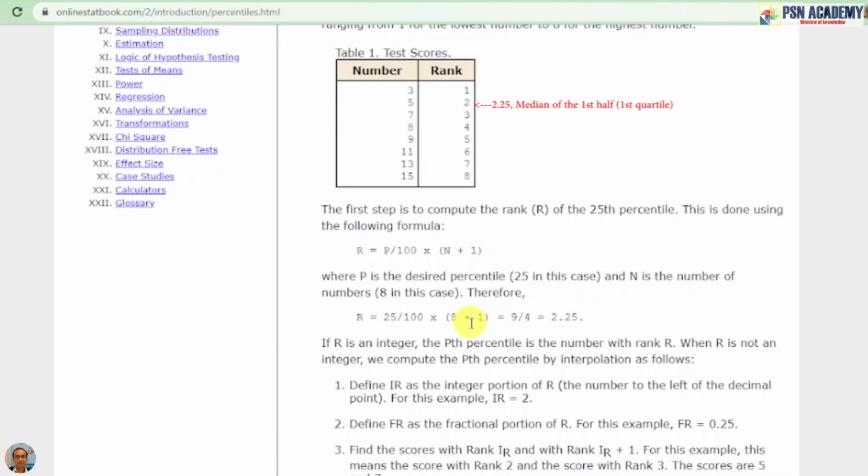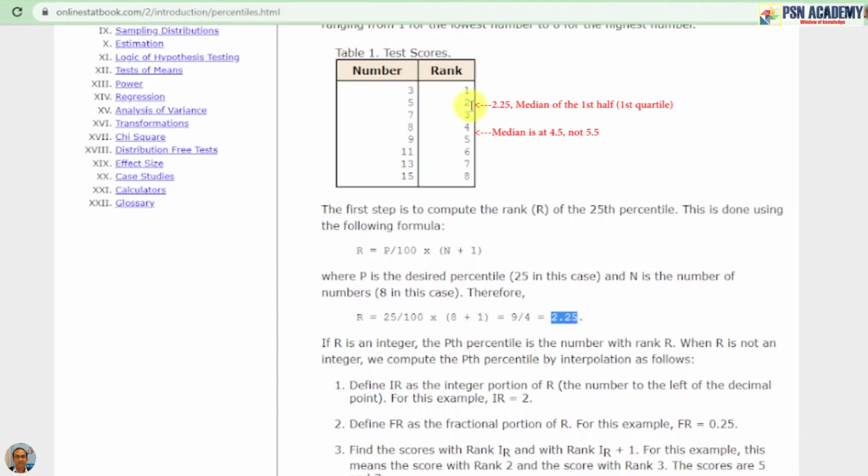If your median is between 8 and 9, with ranks 1, 2, 3, 4, 5, 6, 7, 8, the median is at 5.5. So he is going for 1/4 of 8 plus 1, and that is why he gets 2.25.